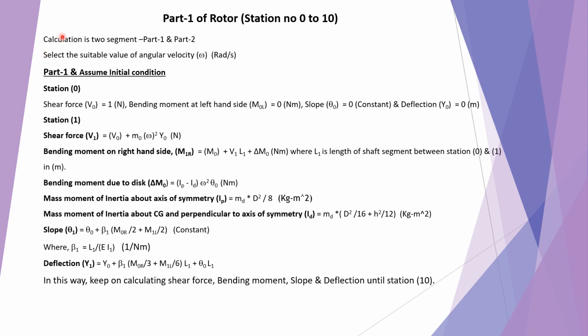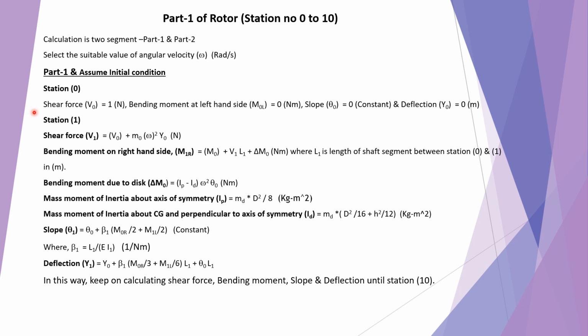Now for the rotor, station numbers 0 to 10. The calculation has to be done in part 1 and part 2, and a suitable value of angular velocity omega in radian per second selected. Part 1, initial condition, station number 0: shear force V0 is 1, bending moment at left hand side M0L is 0, slope theta 0 is 0, deflection Y0 is 0.